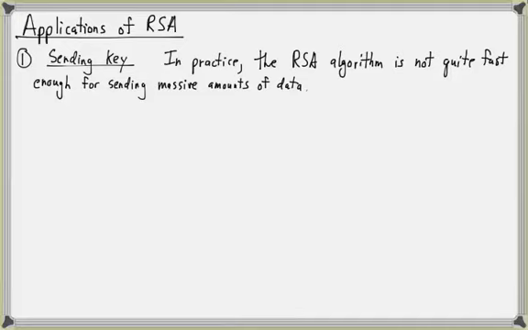So the RSA algorithm can be used to send the symmetric key to be used with the faster algorithm that's going to be used to send these massive amounts of data.